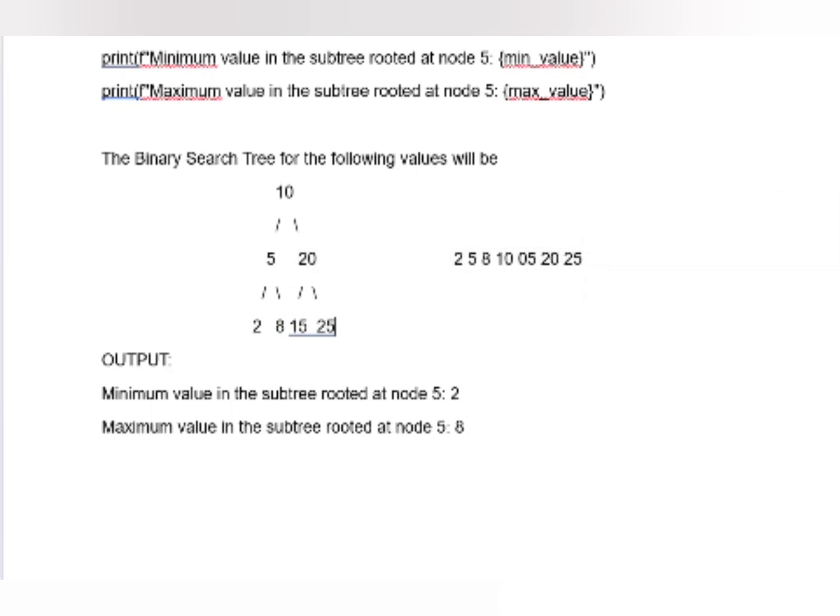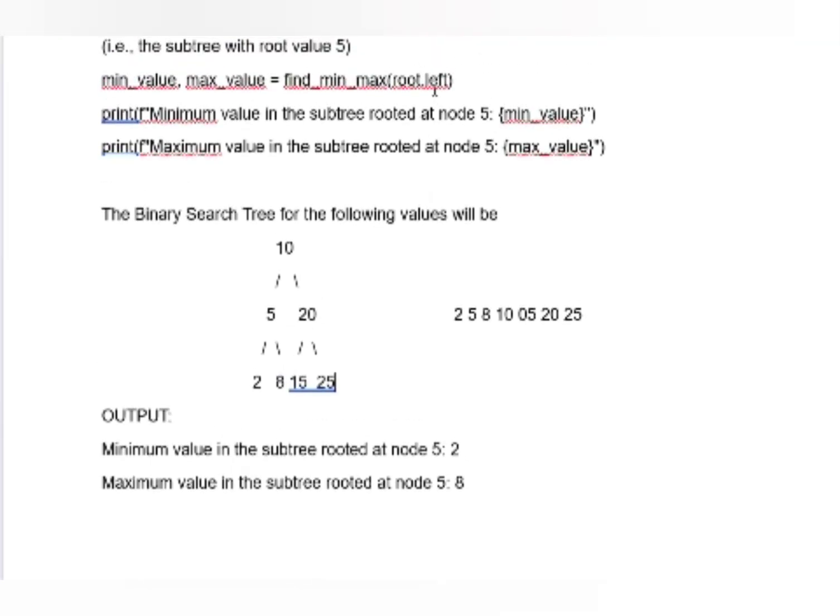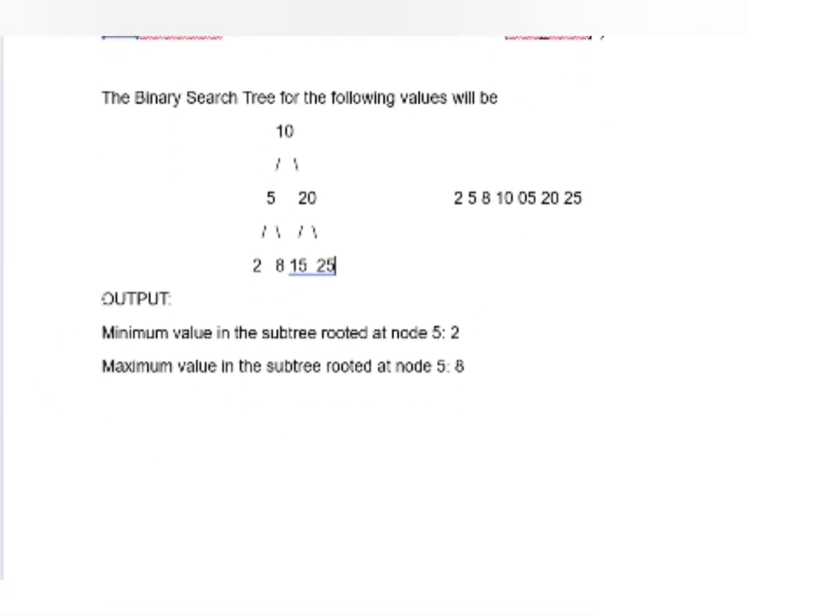We want to find the minimum and maximum element of node 5. In this in-order traversal node 5 is here. The leftmost of node 5 is 2, which is the minimum value, and the right value of node 5 is 8, so it is the maximum value. The output will be printed. This will be the output.